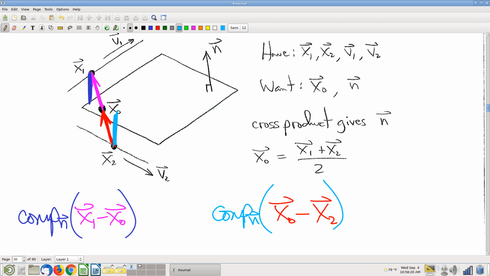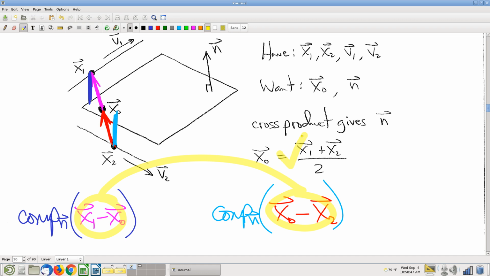I need to show that dark blue is equal to light blue. How do I know that dark blue is equal to light blue? Well, they're both normal components. And it's an easy exercise to confirm that individually these two vectors are equal. I know that those two vectors are equal because that's a midpoint. So this is really a section 12.1 exercise, and I encourage everybody to write down the details to fill that in.